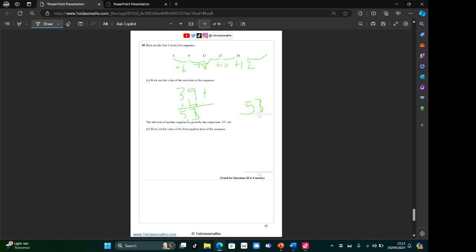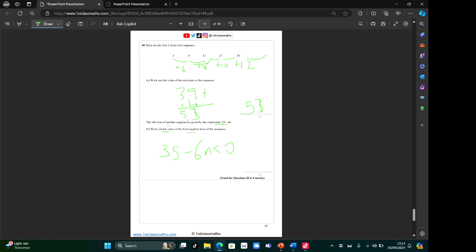Okay, next part. The nth term of another sequence is given by the expression 35 minus 6n. Part B: work out the value of the first negative term in the sequence. So we want when 35 subtract 6n is smaller than 0.